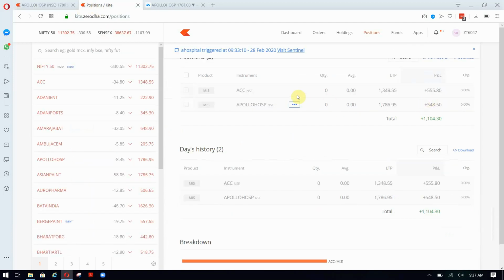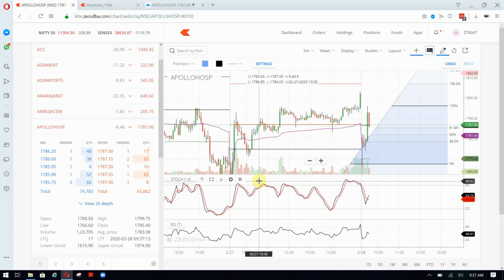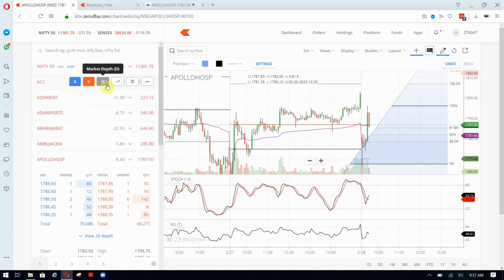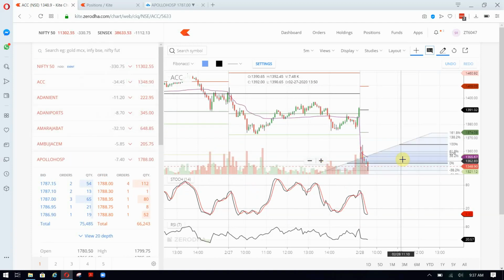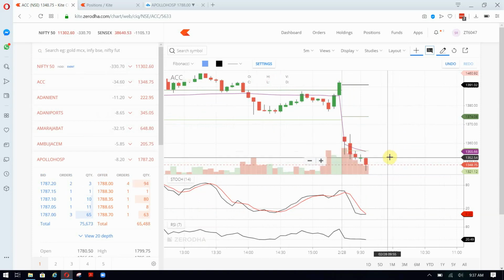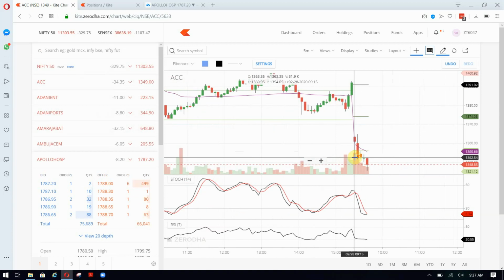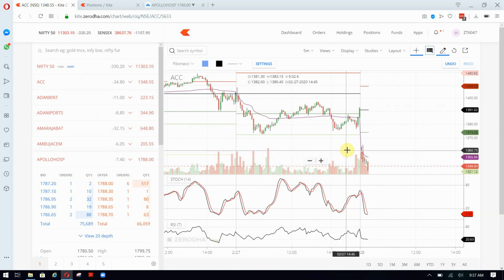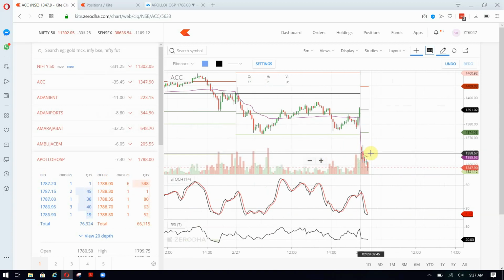See, I have taken this, and sometime before I have done ACC as well. So I was trying to use the break of the bottom. Okay, so let me just show what I did in ACC. So it was oscillating here. I saw the volume for sellers was very high, and I just checked what Nifty is doing.